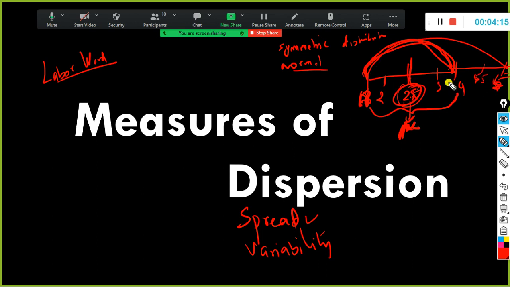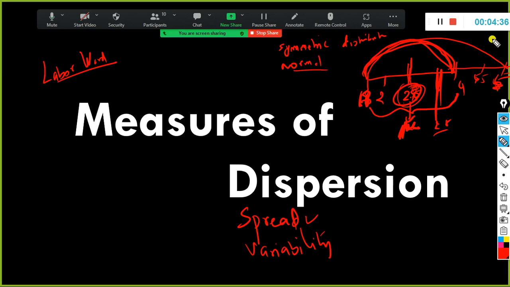Hypothetically, if your mean is 2.8, this mean cannot be a representative of the data, because the spread of the values in the data set is large.